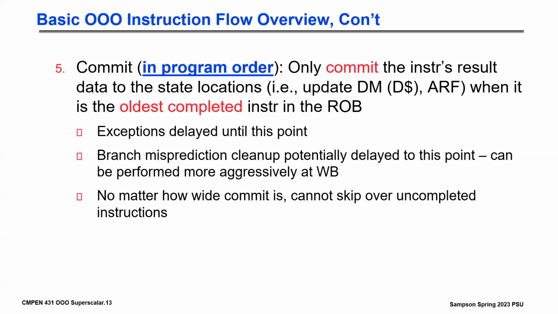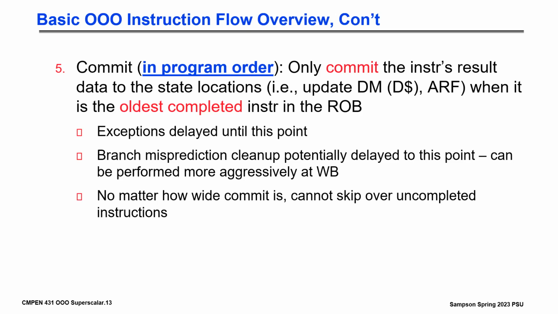Okay. Now, if something did go wrong, this is actually the point at which we're going to deal with it. Right? We are going to delay handling any exceptions until we know that the exception actually occurred. So the completion of the instruction is going to be marked with "yeah, but."